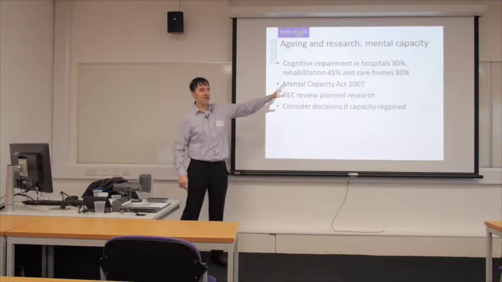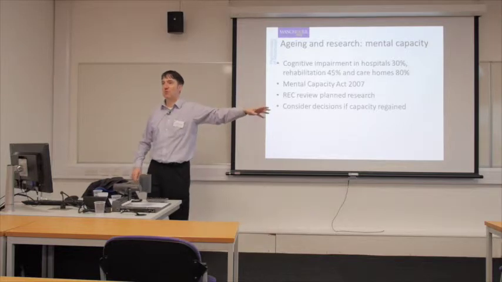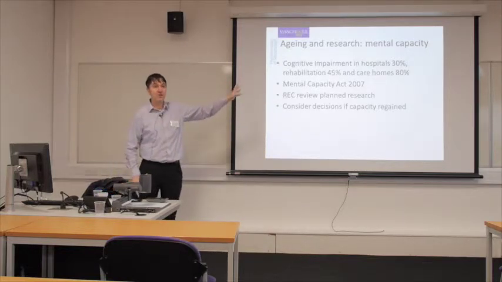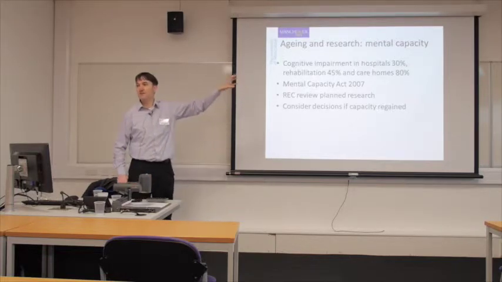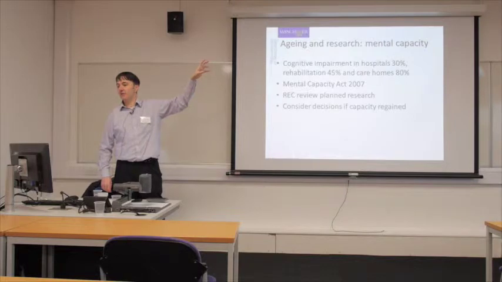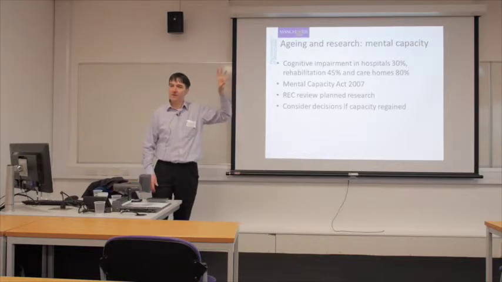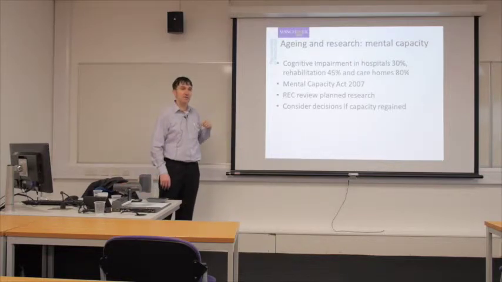If you move up to care homes, 80% of those individuals will have a dementia and probably have issues around mental capacity. So if you're focusing on that environment, you've got to consider both the Mental Capacity Act and its areas of research, which there are research sections, and the idea of will your research be able to be conducted in the absence of individualised consent.